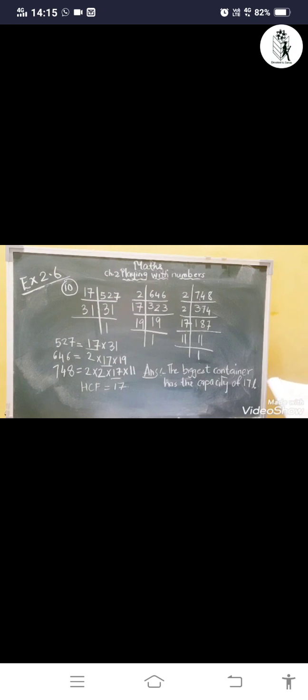Question number 10 reads: 3 cans. Cans means dabba. 3 cans of water contain 527 liters, 646 liters and 748 liters of water respectively. Find the capacity in liters of the biggest container which can measure the water in these 3 cans exactly.